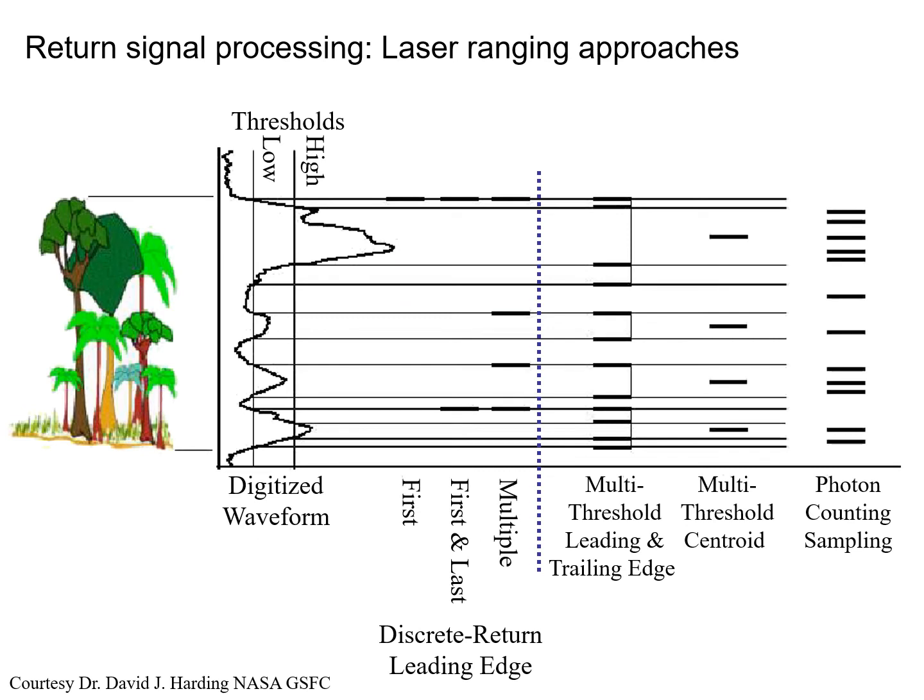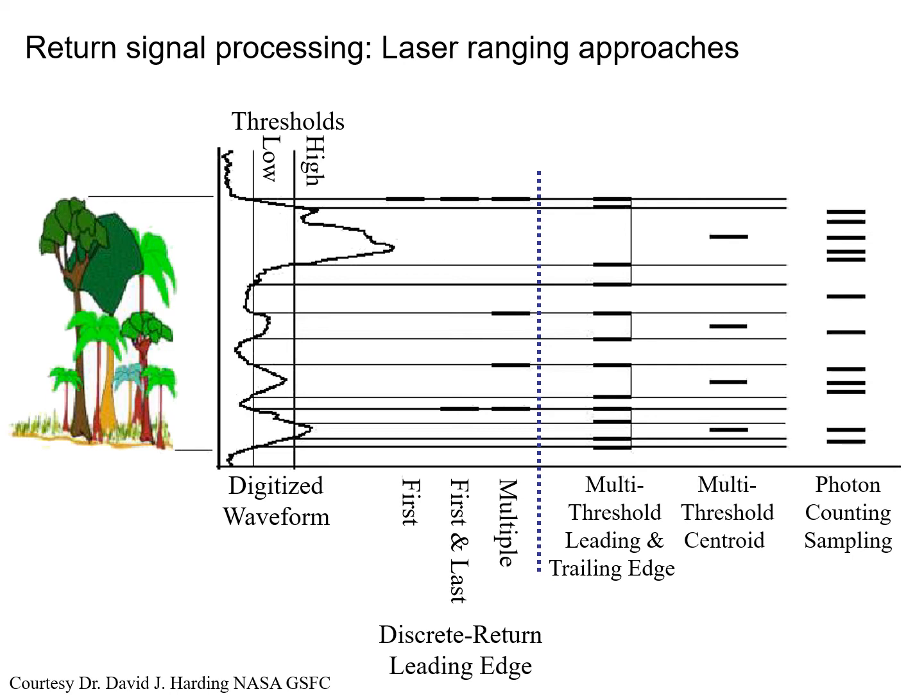And there are various different ways of dealing with this problem. Like the figure I was showing you before, you can just record multiple observations or multiple discrete returns. You can have two thresholds, okay? So you can record both the leading and the trailing thresholds of each of the returns, the return energy.